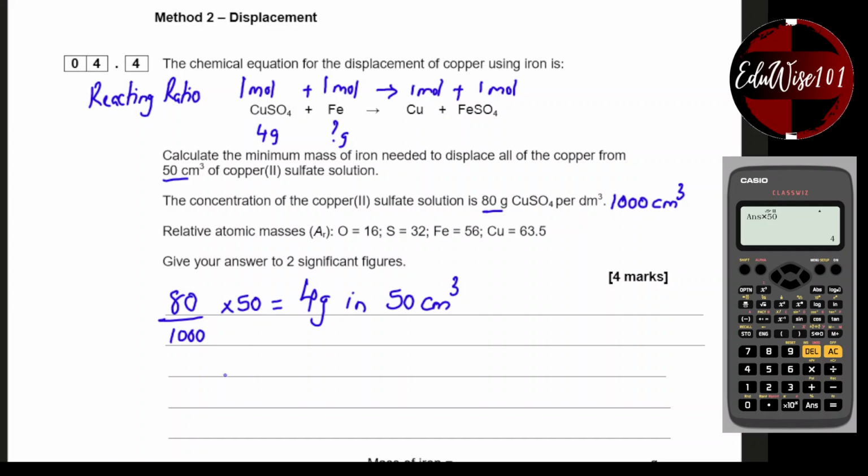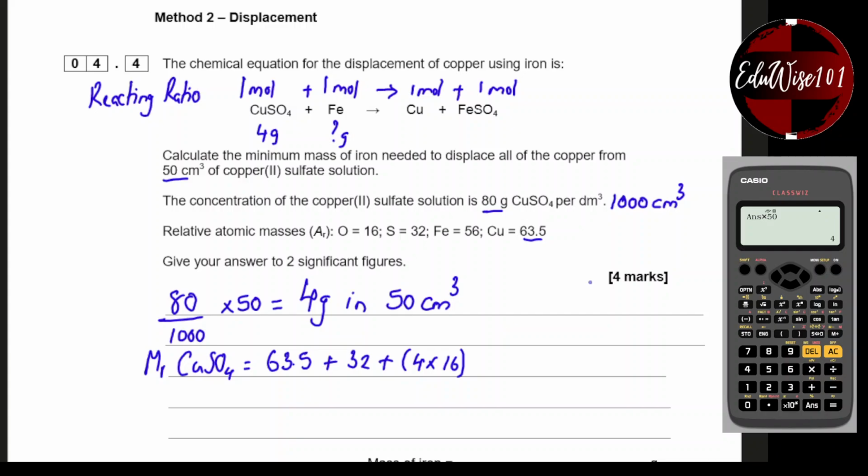So the molecular mass of copper sulfate: copper is 63.5 according to this, plus sulfur is 32, plus there's 4 oxygen here, so 4 times 16.